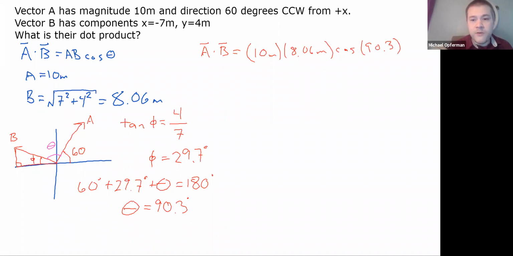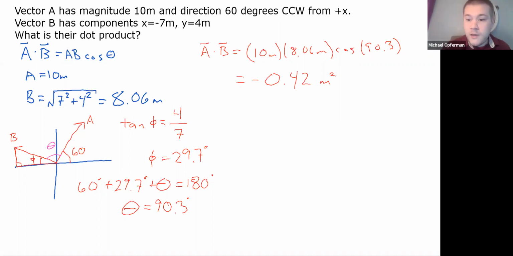We might have a little bit of rounding error because of how small this angle is. Times 10 times 8.06. And I got negative 0.42. And the units of that would be square meters because it's meters times meters. Gives you square meters because it's the multiplication of the two vectors. Okay. So that's how you would do it in the magnitude and direction representation.